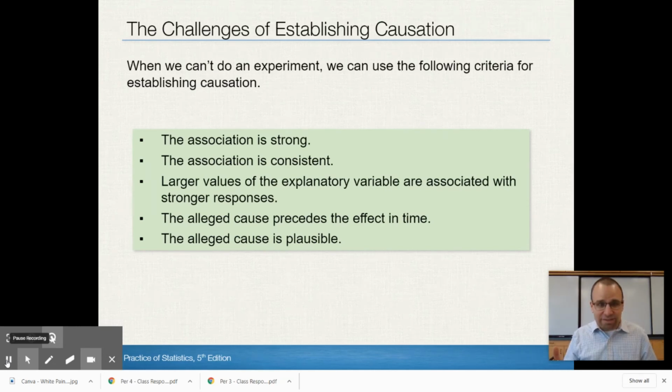For many, many years, studies have shown that people that have smoked don't live as long. The larger values of the explanatory variable are associated with stronger responses. The alleged cause precedes the effect in time. And is the alleged cause plausible? I think it's pretty plausible that if you inhale smoke on a regular basis for many, many years, it's probably not healthy and you won't live as long.